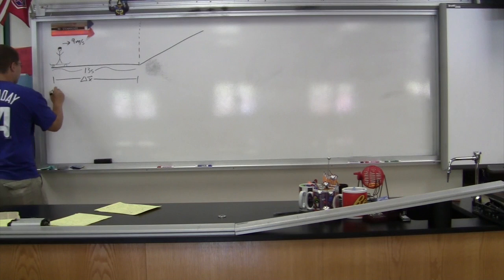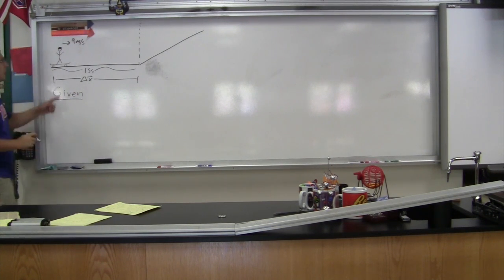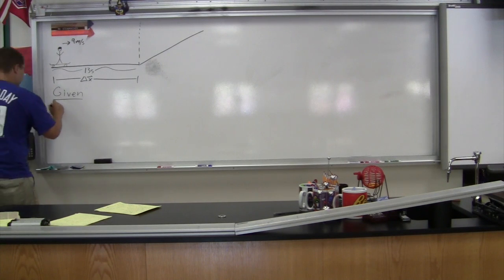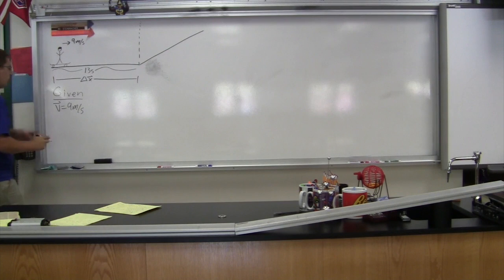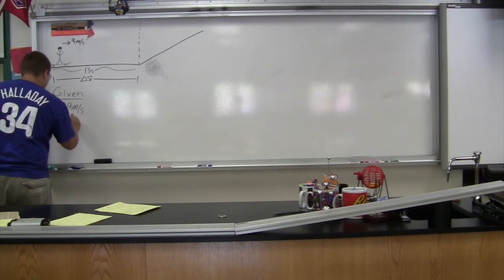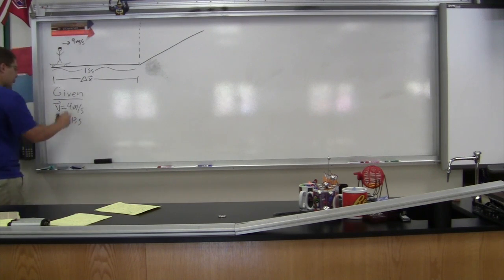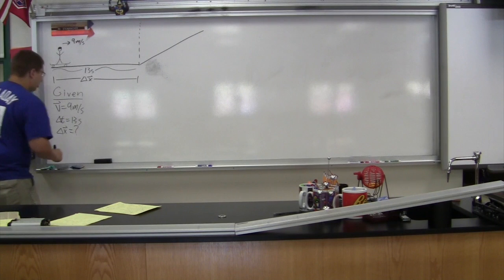So delta x. So we're just going to write down our givens. And we know that his velocity is 9 meters per second. And we know that it takes him 13 seconds. And we're going to find his displacement, which will tell us how long the road is.